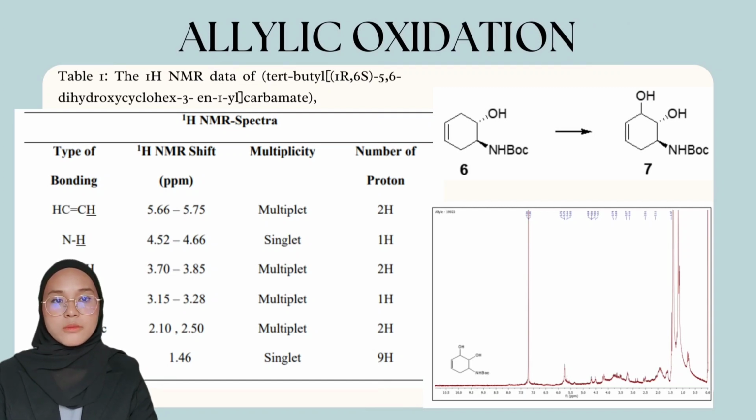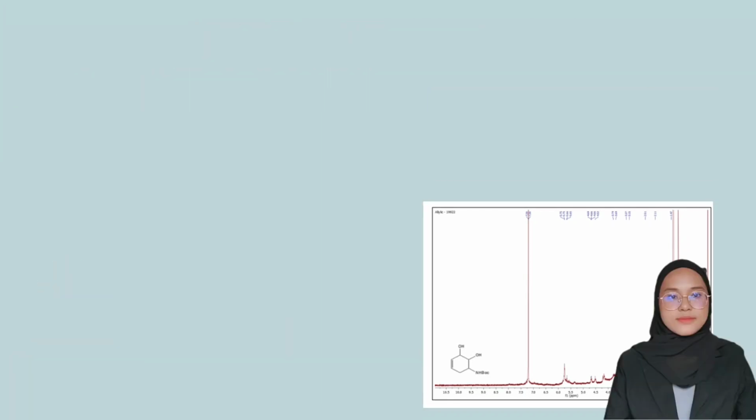These protons are the most deshielded because they are directly attached to the carbon-carbon double bond that has an anisotropy effect. Next, the protons of the methyl group appear in the most shielded region as a singlet at chemical shift 1.40.